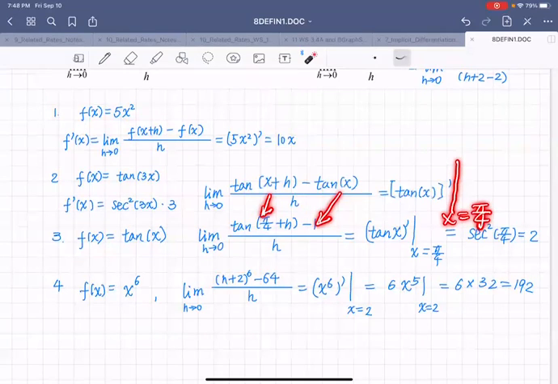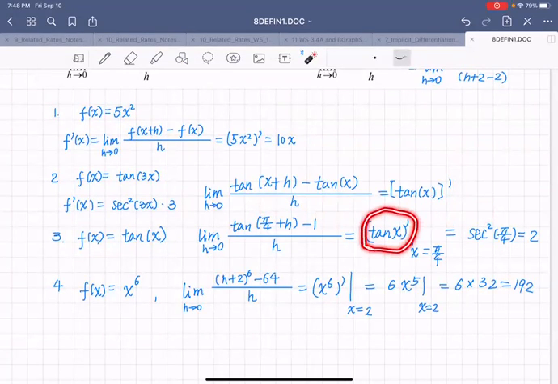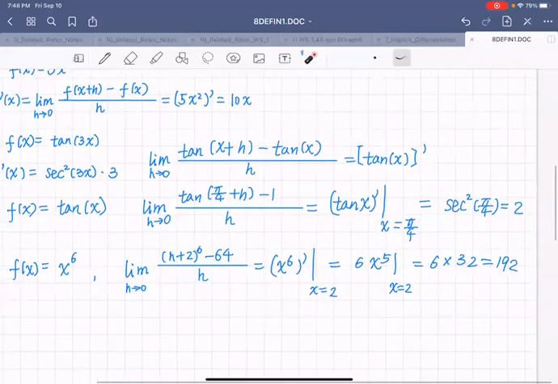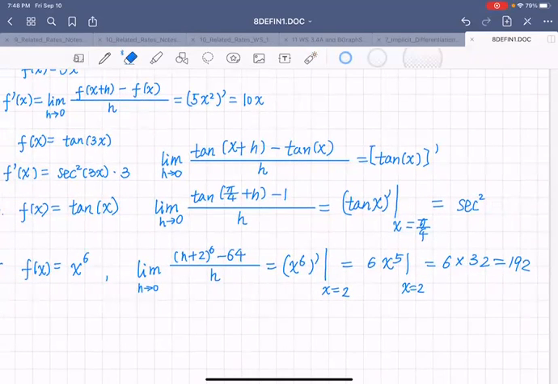Okay? And the tangent x derivative is secant square, you know? So you do secant square x at x equals pi over 4. Now you can plug this in here.